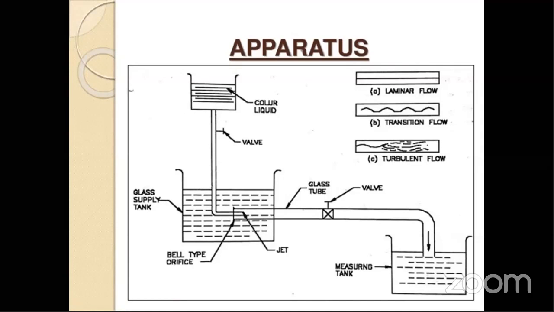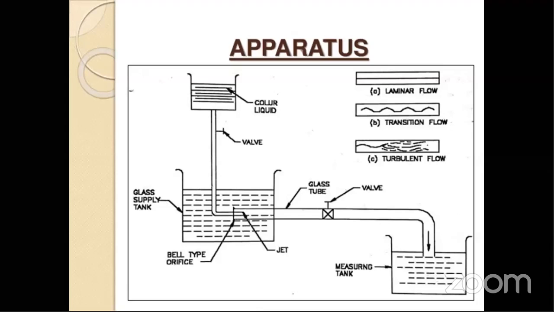So first, if you apply a small amount of force through the orifice, it flows in a uniform, parallel manner and gives a straight line in between the water. It is called a laminar flow, and it happens when the flow of the liquid is low.